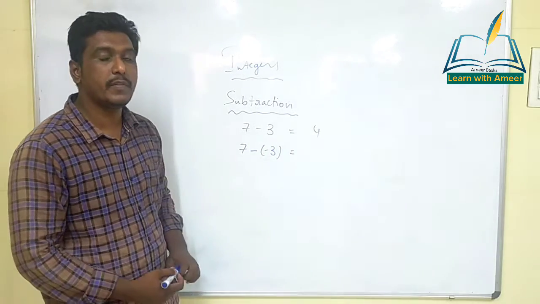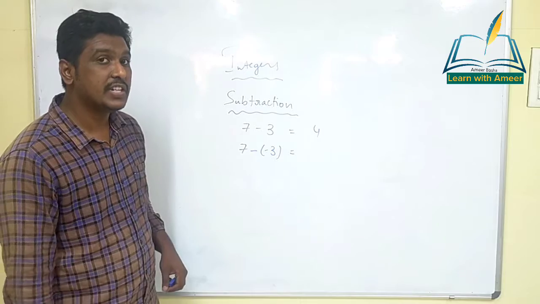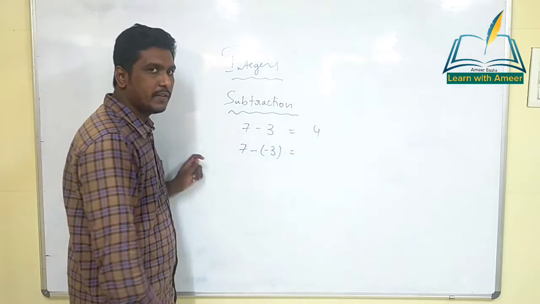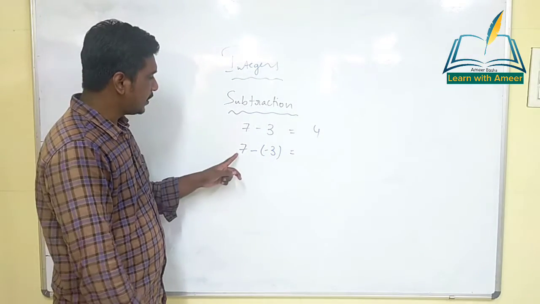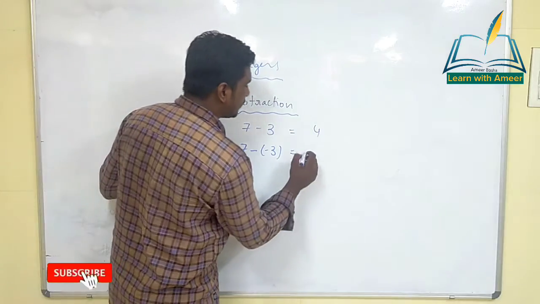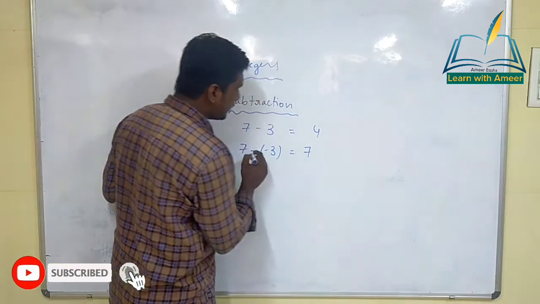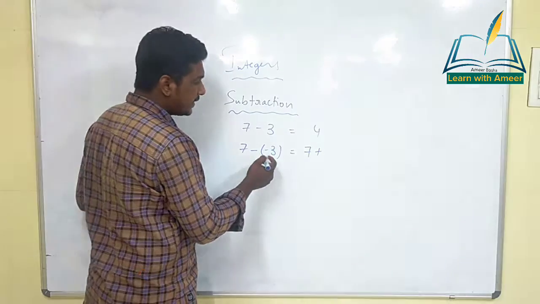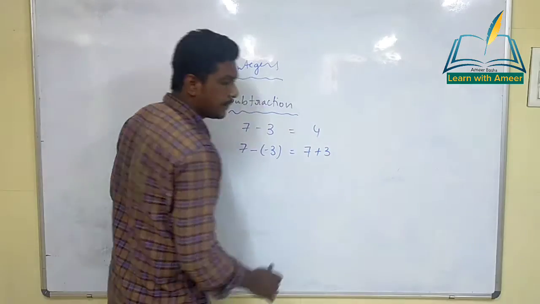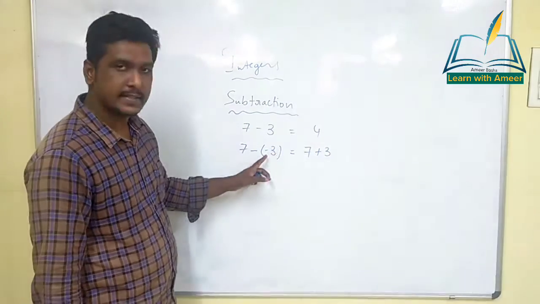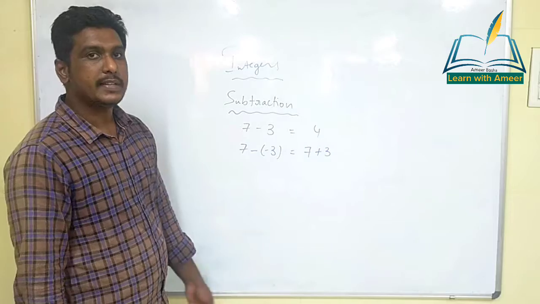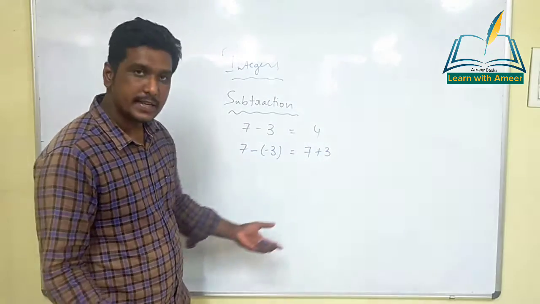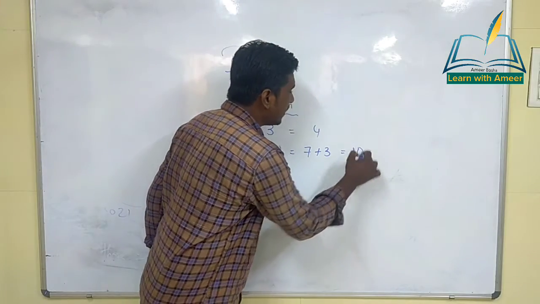Minus into minus is plus. So 7 minus into minus becomes plus: 7 plus 3. Now it's easy. 7 plus 3 is 10.